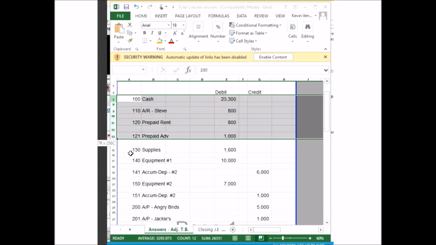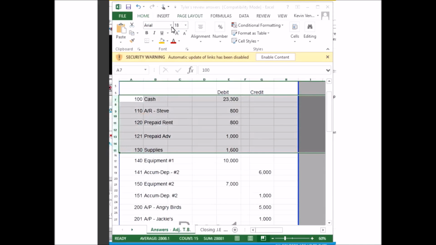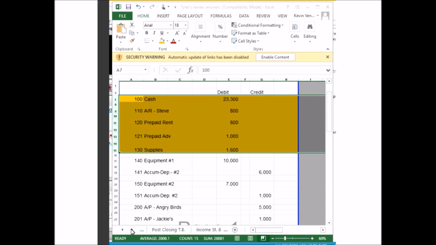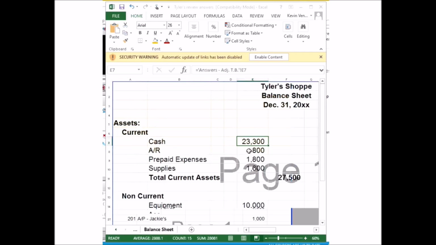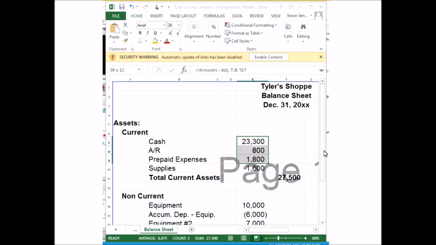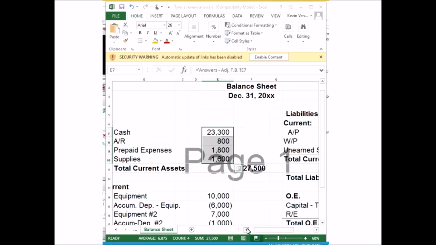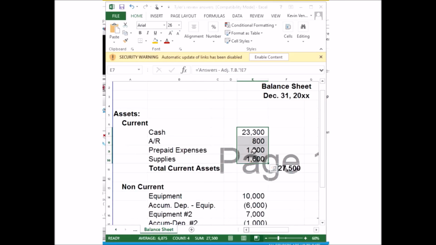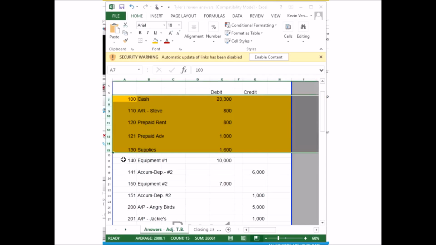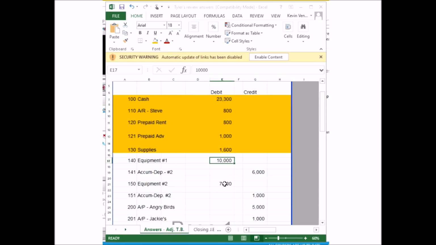$23,300. And I'm going to want to use all of these assets, all of these current assets in my balance sheet. And that's what I did here. AR, prepaid expenses, supplies, and I totaled them out. So I got total current assets. So I'm just listing my assets and getting a total. Next, I get my long-term assets, equipment, and my other piece of equipment.